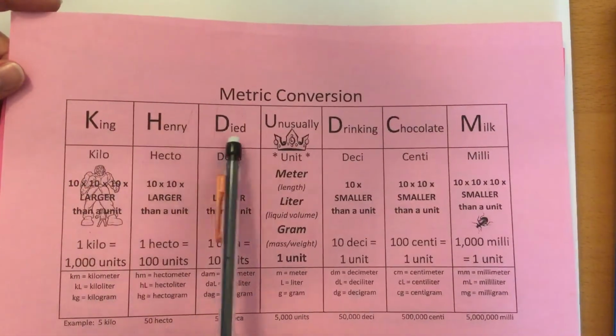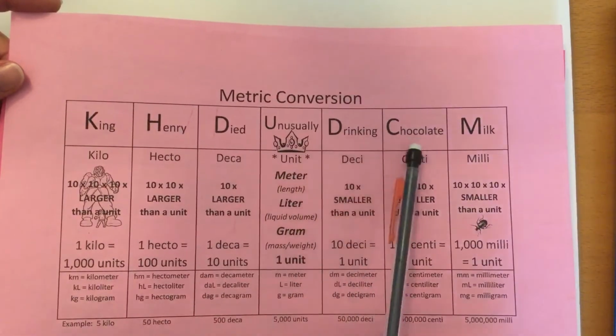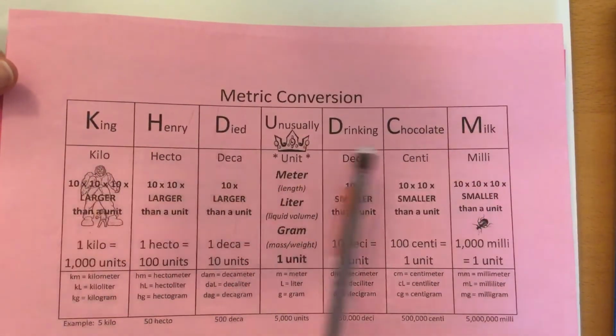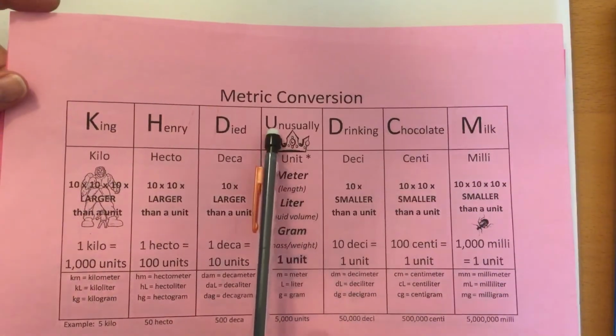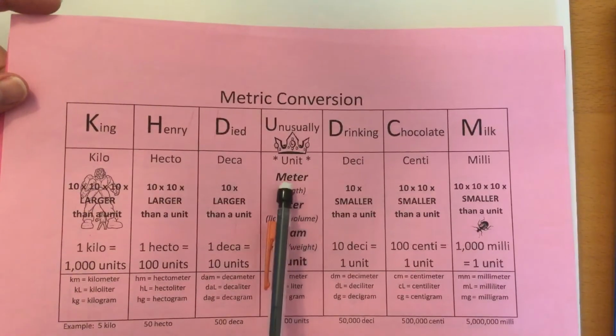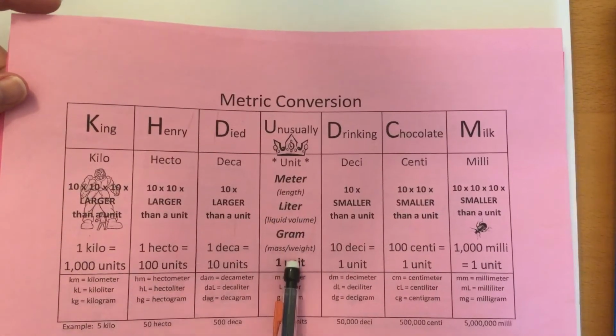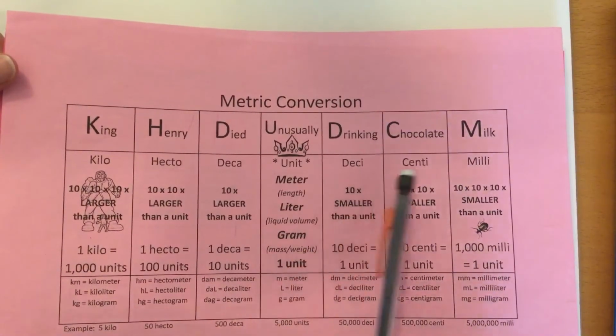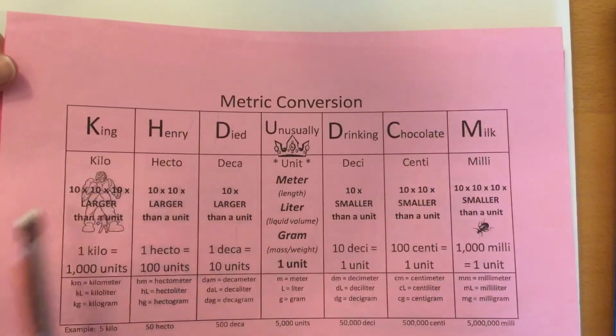King Henry died unusually drinking chocolate milk. It's a bit violent. You can make up your own if you don't like this one. Notice that the U stands for unit, and that's just our basic measure. So meter, liter, gram, just like we saw earlier in this math unit. And then we go to deci, centi, milli, deca, hecto, kilo.